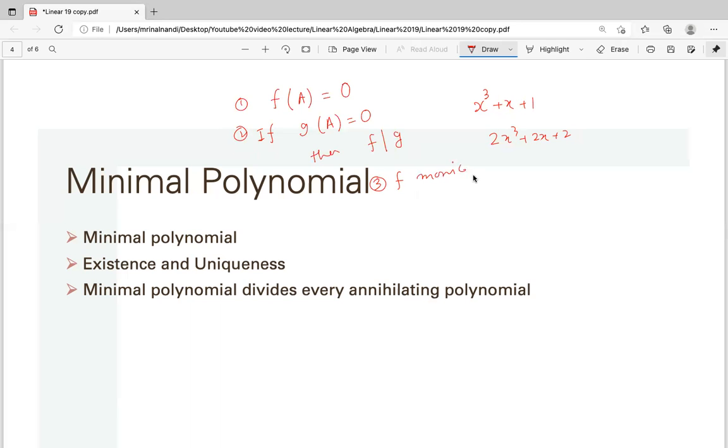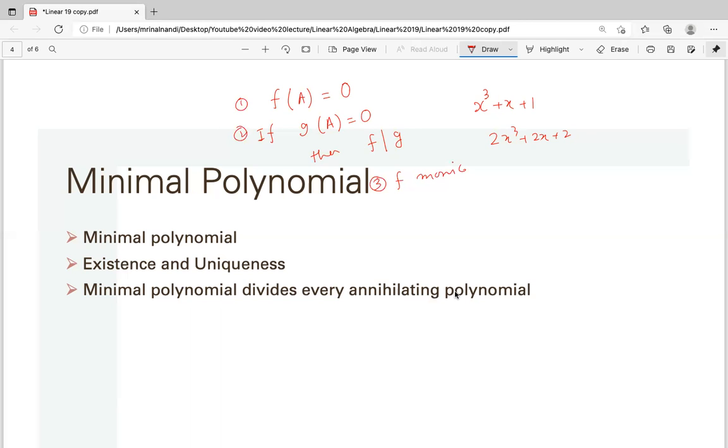Now in that case, this f is unique. By the way, does such a minimal polynomial exist? Yes, it exists, because the set of all polynomials which annihilate that A is non-empty. Since it is non-empty, we have a polynomial among them which is of least degree.